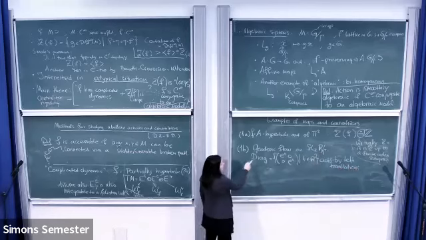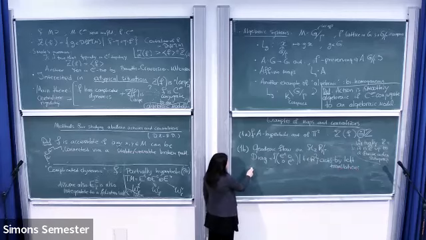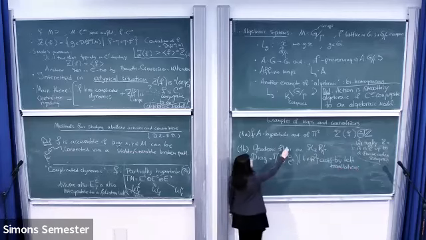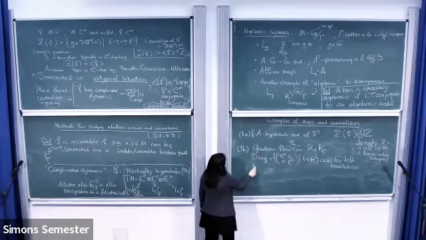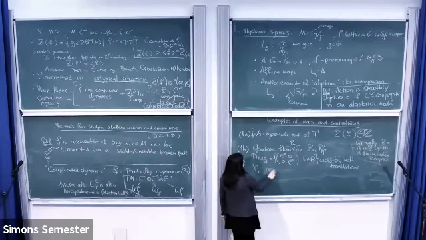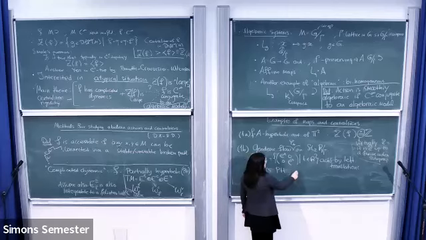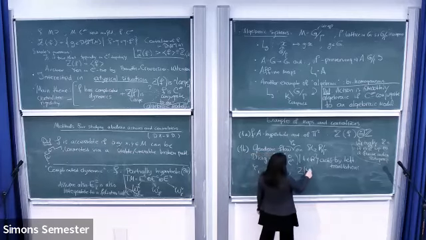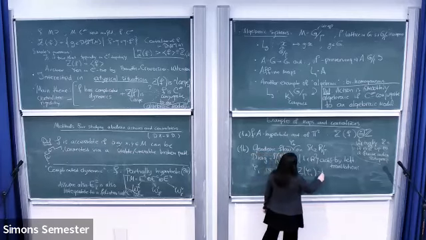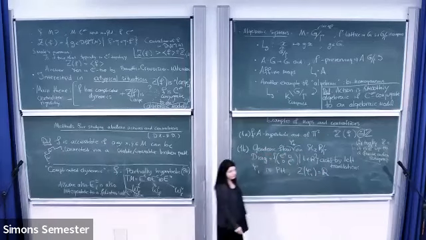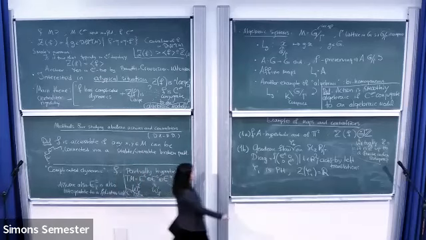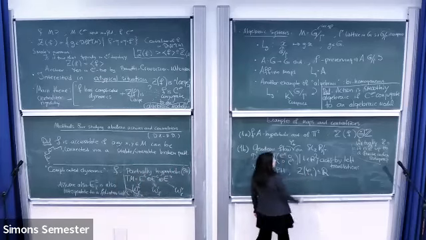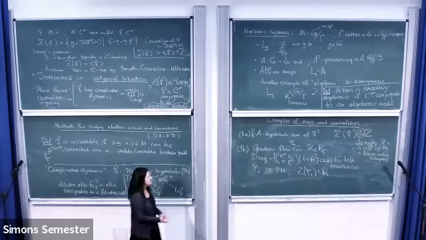And if you take the time one map, for example, of this flow, so phi 1 is a partially hyperbolic map, and its centralizer is R. Okay.